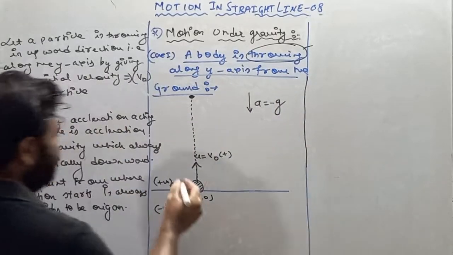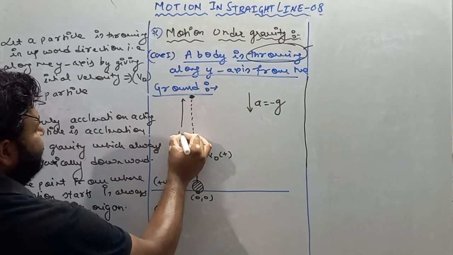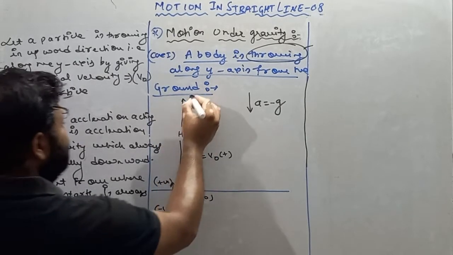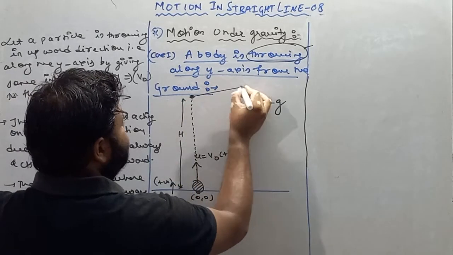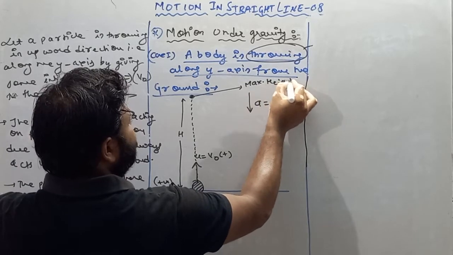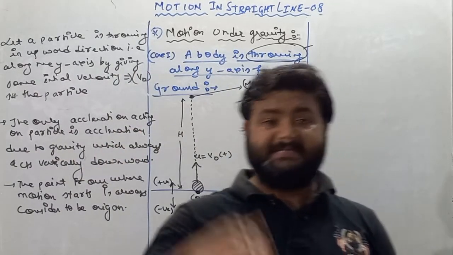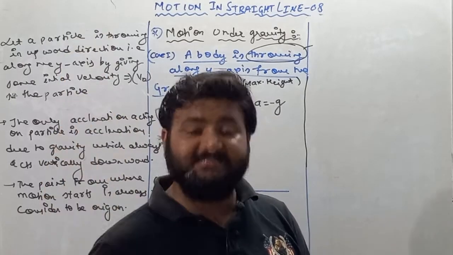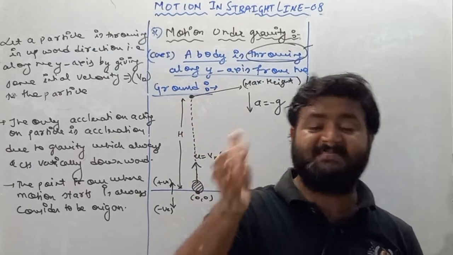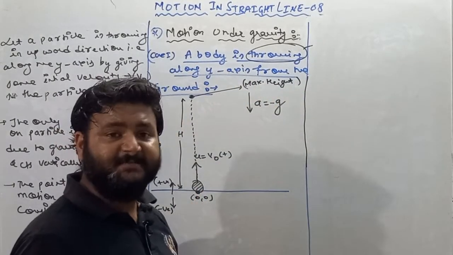So let's suppose this particle achieves this much height, let's suppose this height is h, and this is the point where the particle stops. This point where the particle stops and again changes its direction of motion is said to be the maximum height.